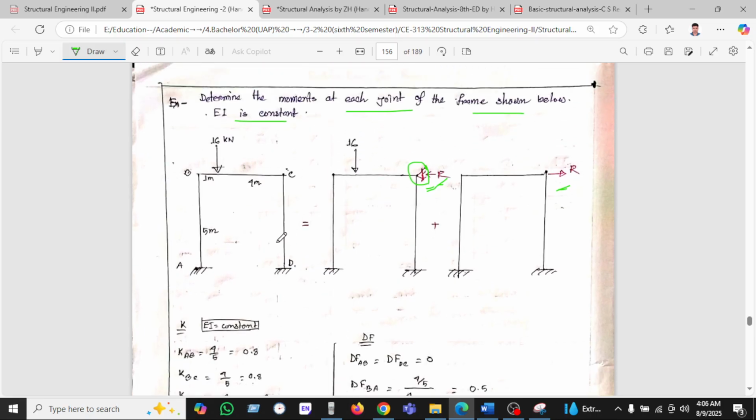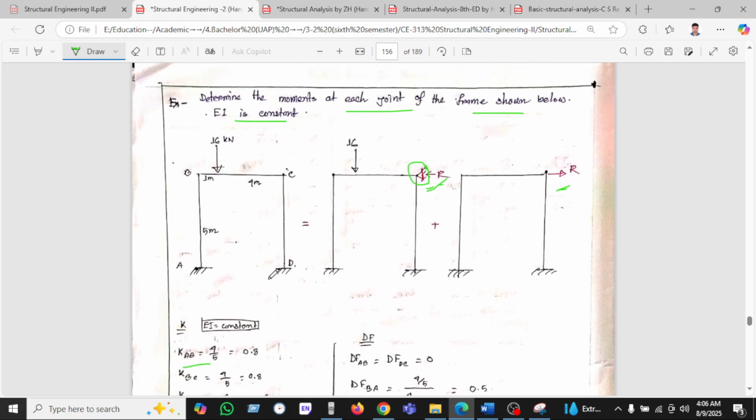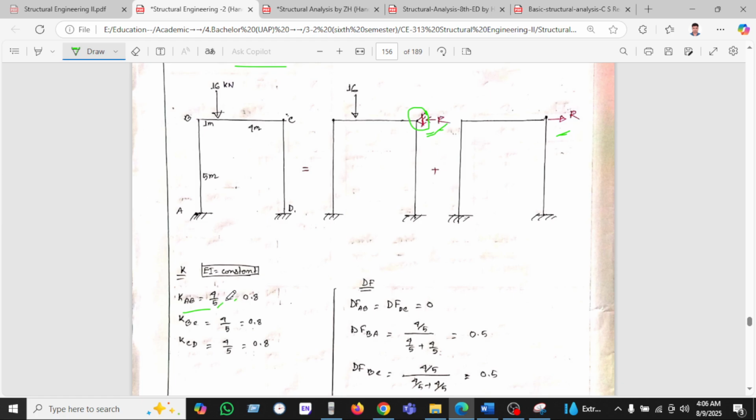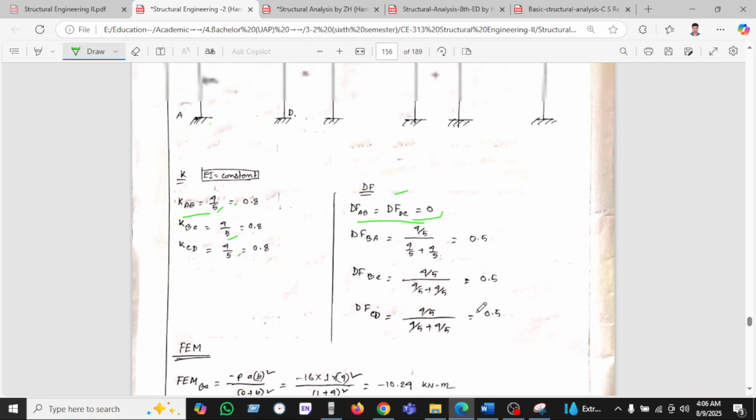In this case, this diagram is equal to these two diagrams. As EI is constant, KAB equals 4EI by L. So EI is constant and L is 5, just 4 by 5. And the distribution factor for AB and DC, the fixed support is 0, and BC and CD is 5 as given here.